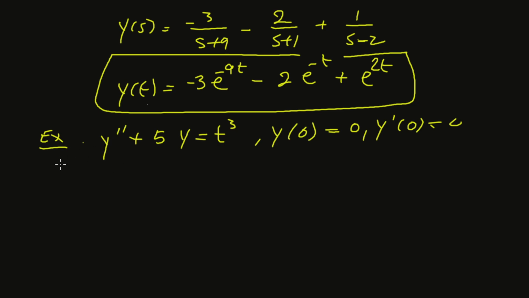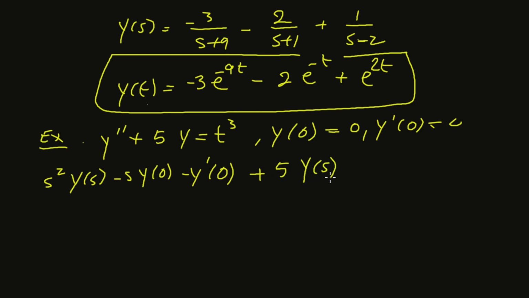Alright, so we take Laplace transform to both sides. For the second derivative, Laplace transform on it will give us this. Then 5 for y, Laplace transform on y is just going to be the function y of s.